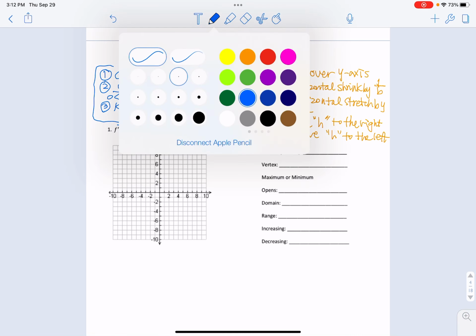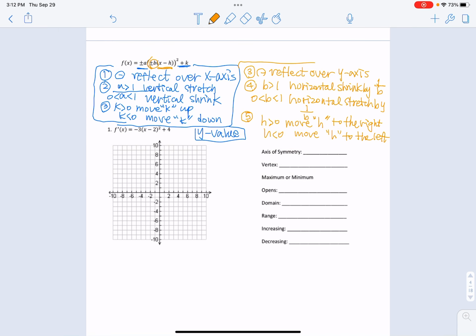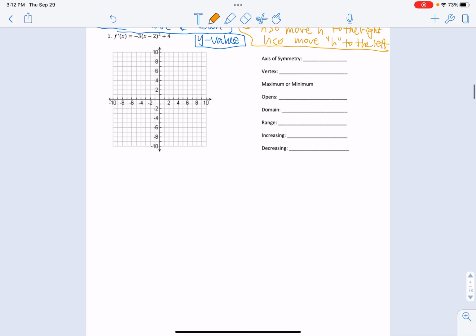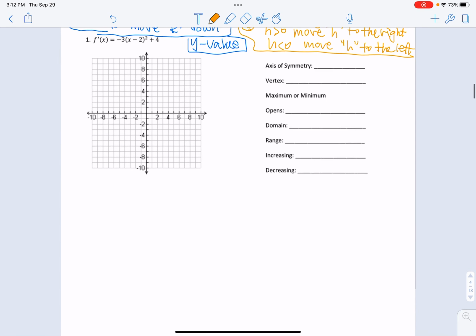And the orange ones inside the parenthesis represent the transformation for the x value. So follow the rule, you have to change the x value for those inside the parenthesis. And by this rule, we'll try to graph those functions.